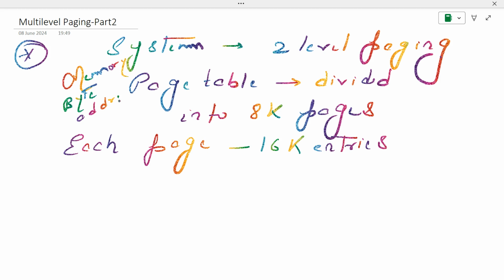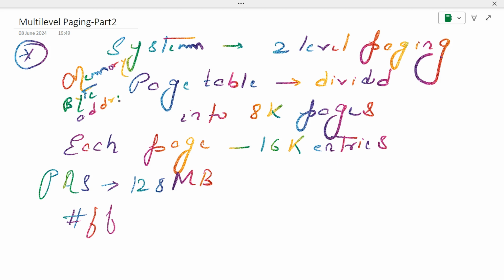Now, if we say that we have a PAS, physical address space, as 128 megabyte, and it is divided into 4k frames, that is number of frames equal to 4k.